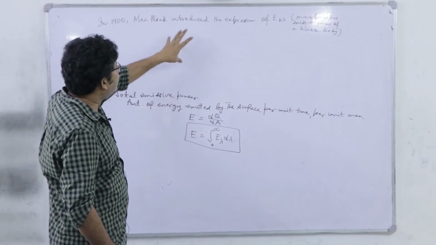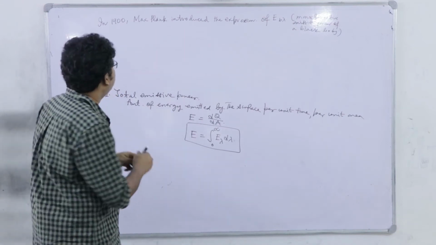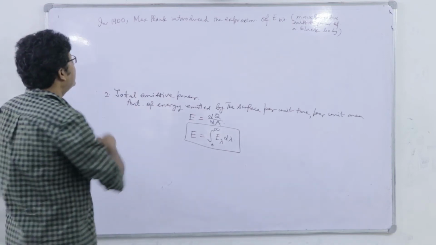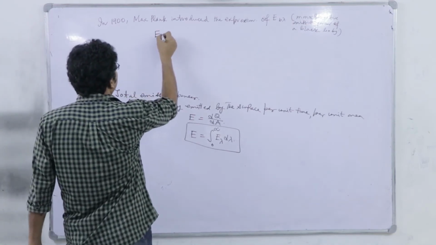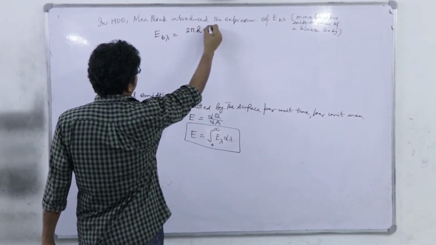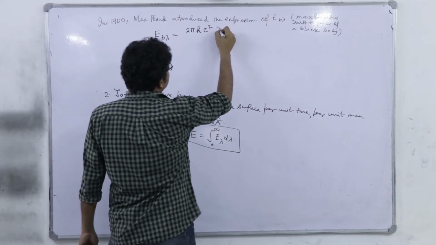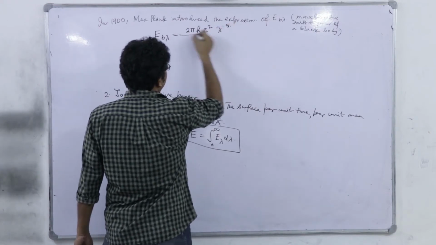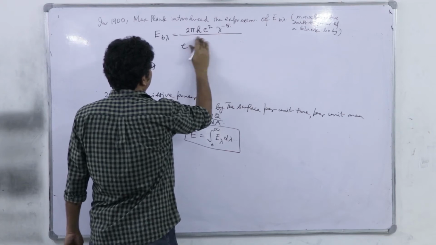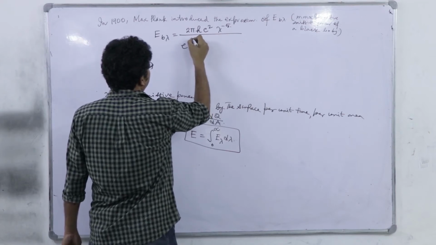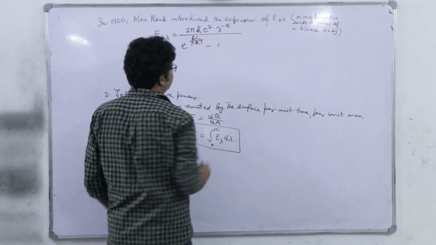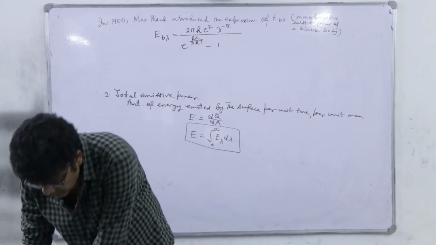So, what is the final expression? You see that E B lambda has been expressed as 2 pi h c square into lambda to the power minus 5, divided by exponential of h c by lambda k T, minus 1, right.